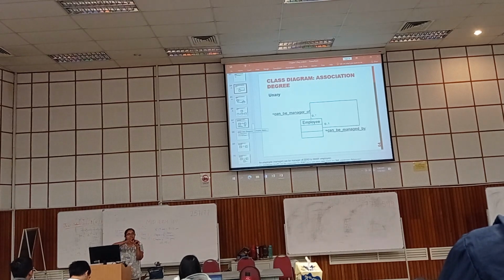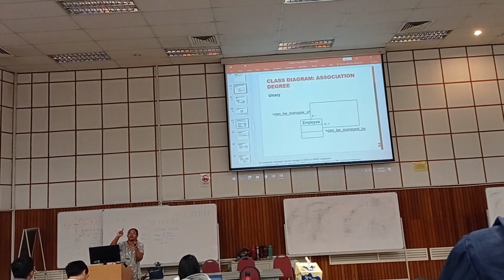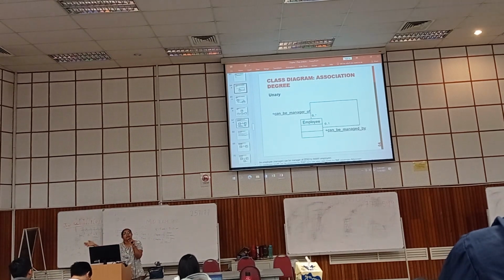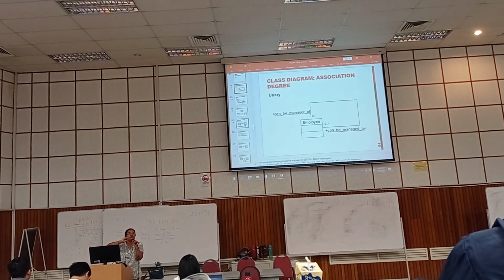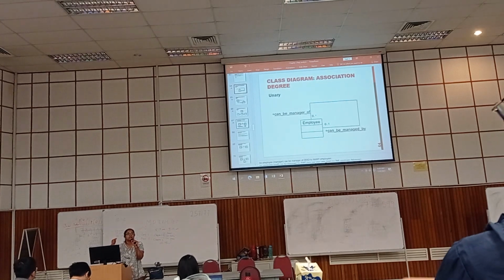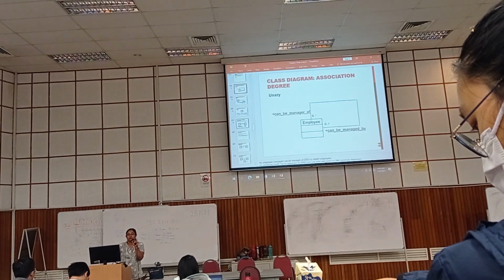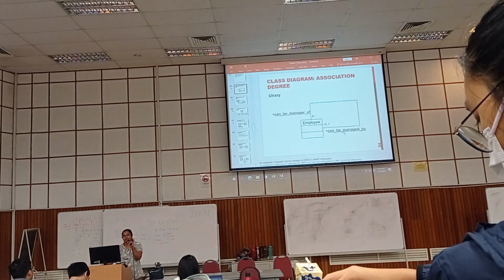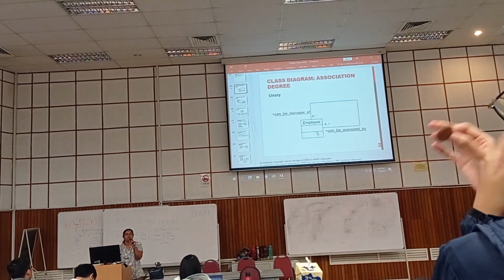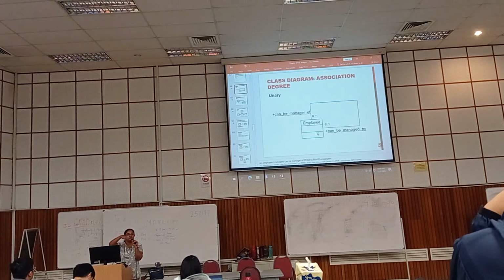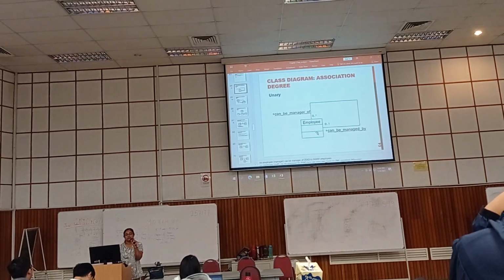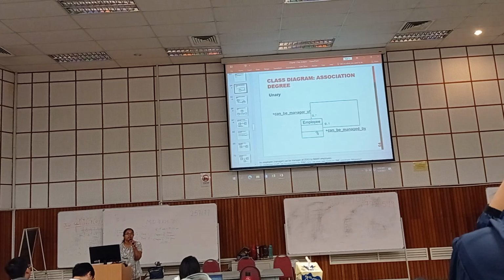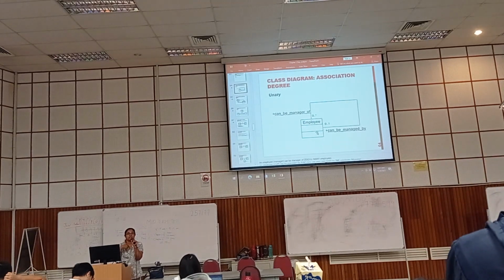You don't want to create two different classes and write so much code. So you just create one class called employee. Your employee uses the same class, your manager also uses the same class. So when you want to explain that manager is managing employee, manager from this class is managing employee from this class as well. So it's self-reference, that's why self-reference is considered unary. Relate to self again.